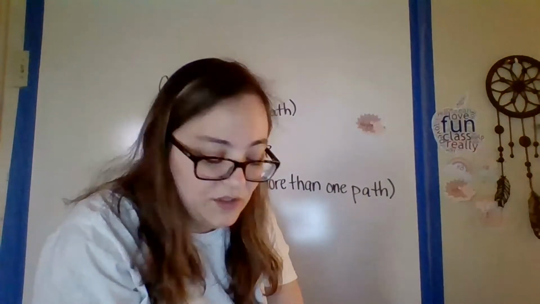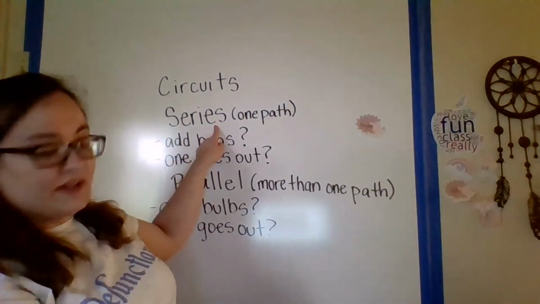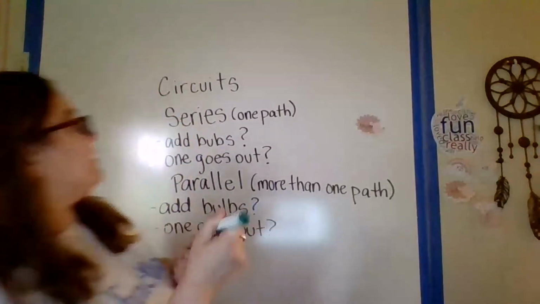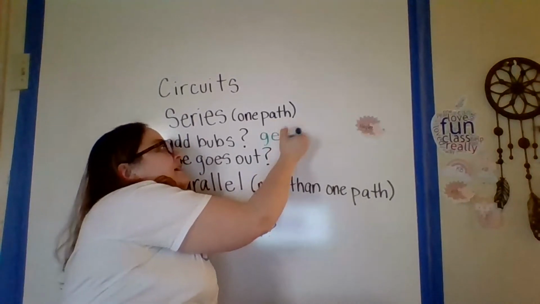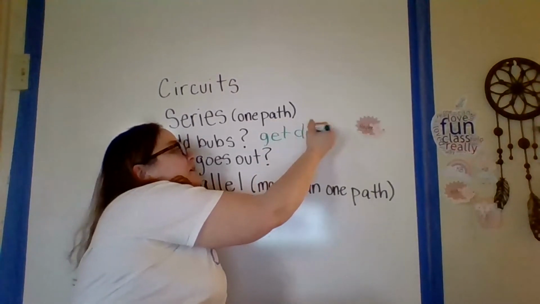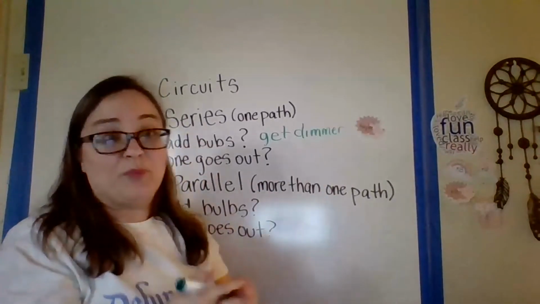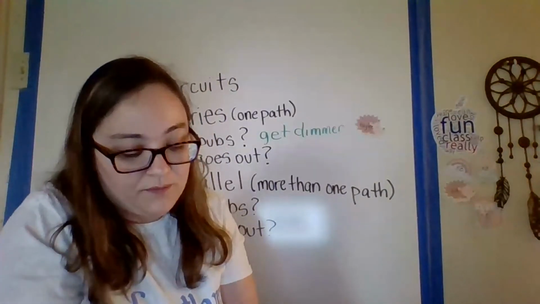It's because when you add a bulb to a series circuit, it's that same amount of electricity being pushed through the wire and has to be shared. So they get dimmer. If you add enough bulbs and overcome your battery source, eventually they just don't work at all.